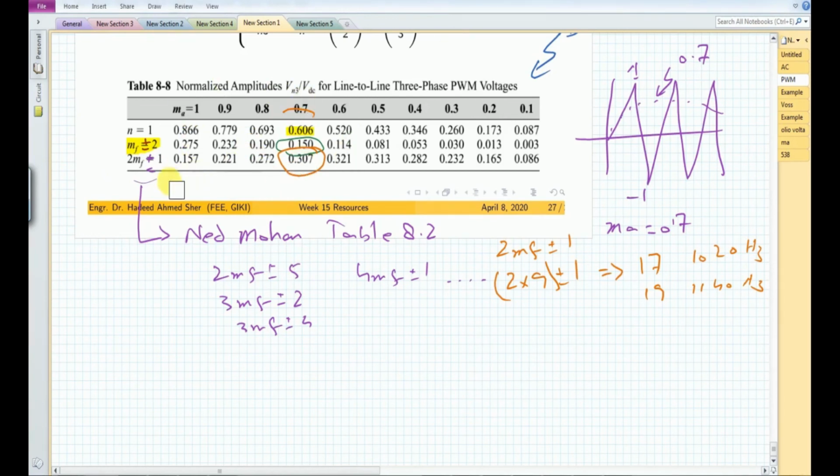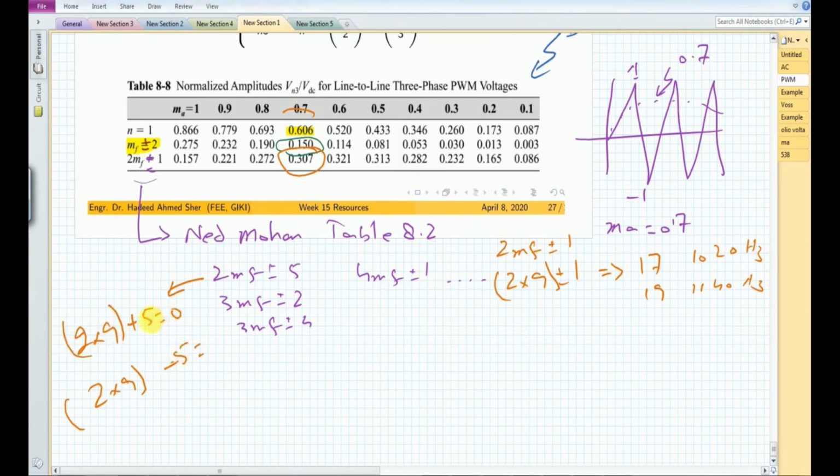For instance, as I have mentioned, this 2 m_f plus minus 5 exists in the output frequency spectrum. For this example m_f is equal to 9, which means 2 into 9 plus 5 should exist, and 2 into 9 minus 5 should also exist.